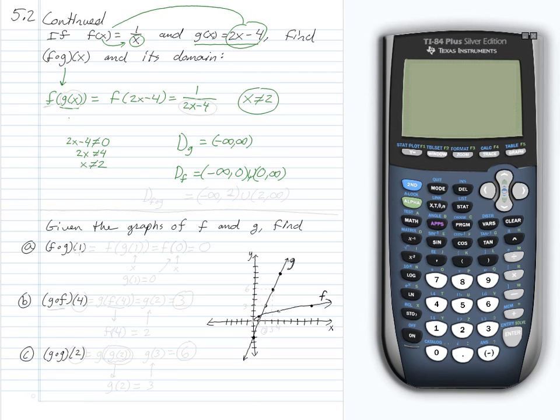So the domain of the inner function is all real numbers. We can plug anything into that. But we run the risk of making g be 0, making the denominator of our final function be 0. And that happens when we plug 2 into the composition function. So the domain of f composed with g is negative infinity to positive 2 union 2 to infinity.